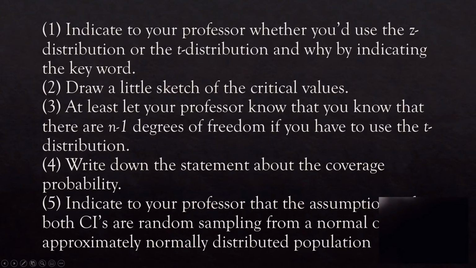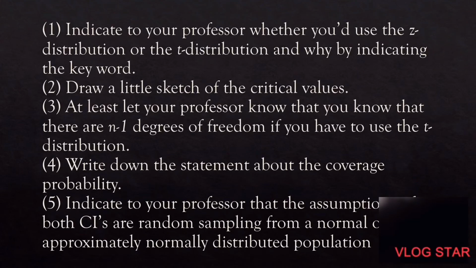1. Indicate to your professor whether you'd use the z-distribution or the t-distribution and why, by indicating the key word. 2. Draw a little sketch of the critical values. Even if you aren't able to get the exact critical values from the table, a little sketch will go a long way. 3.